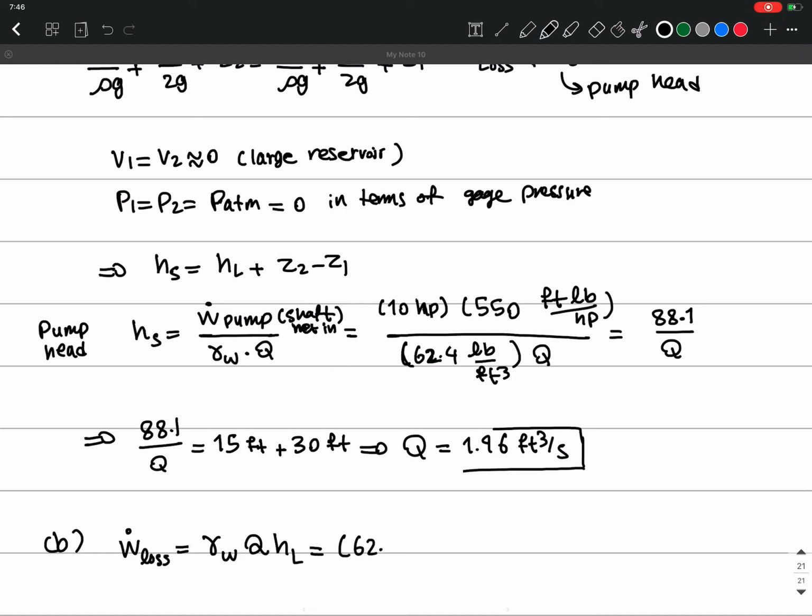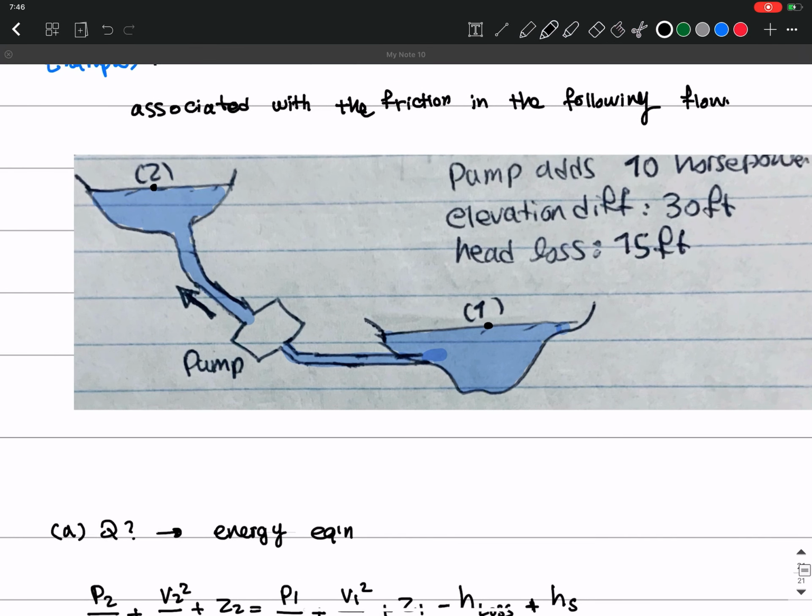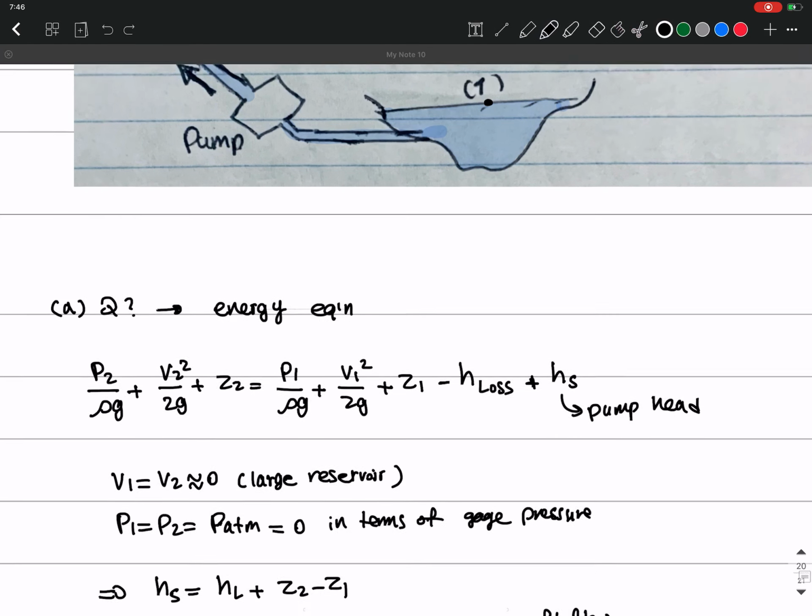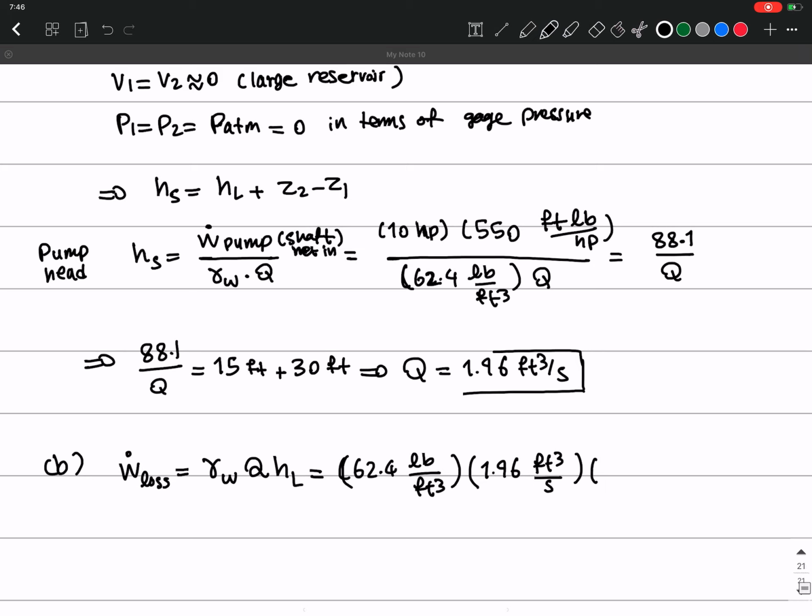So we can just calculate that. It's going to be 62.4 pound per foot cube times Q, which we found from here, 1.96 foot cube per second, times how much is the head loss? It's 15 foot. It's going to be 1830 foot-pound per second.